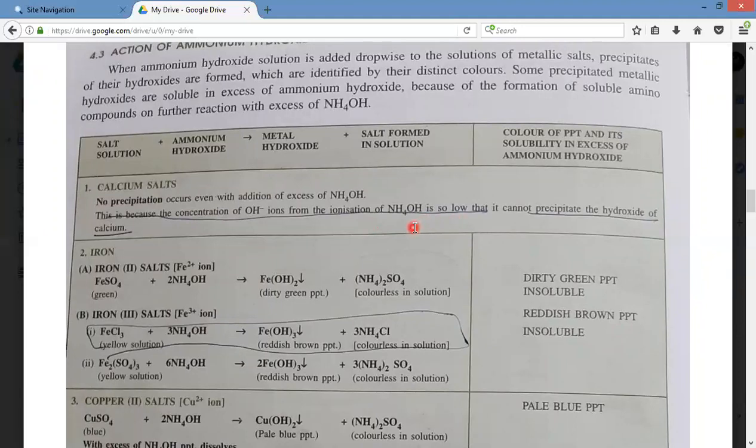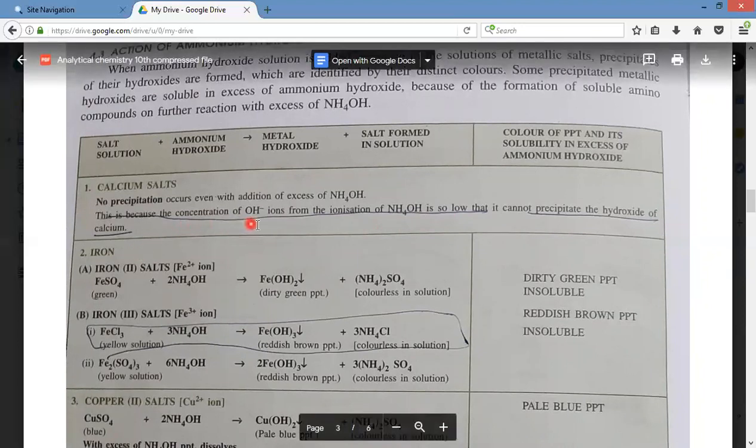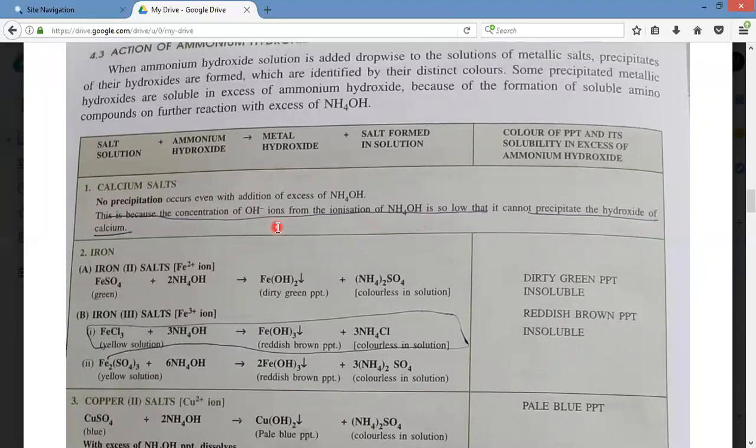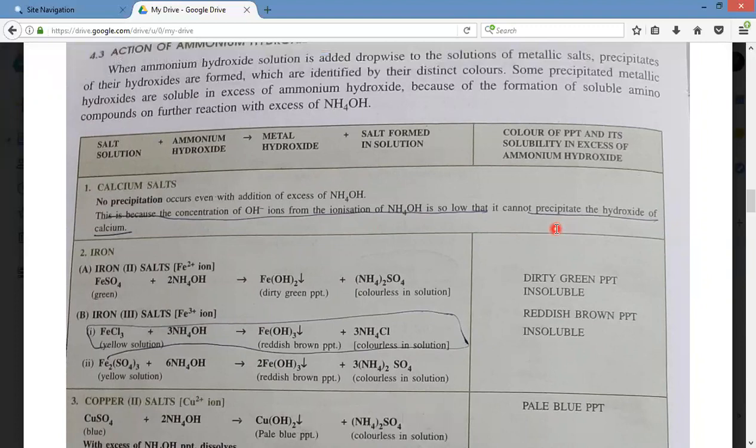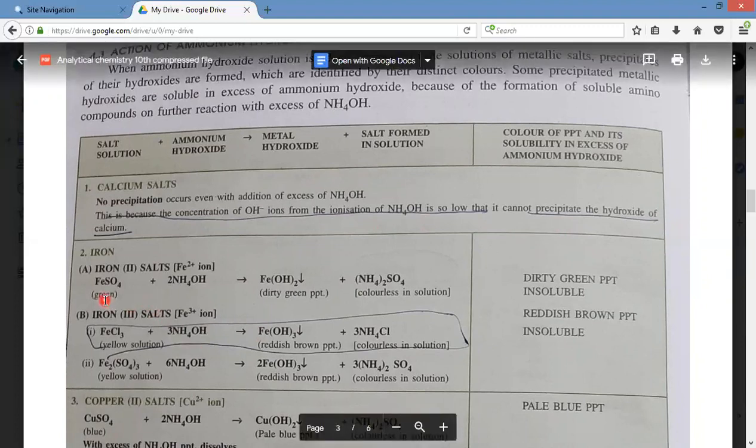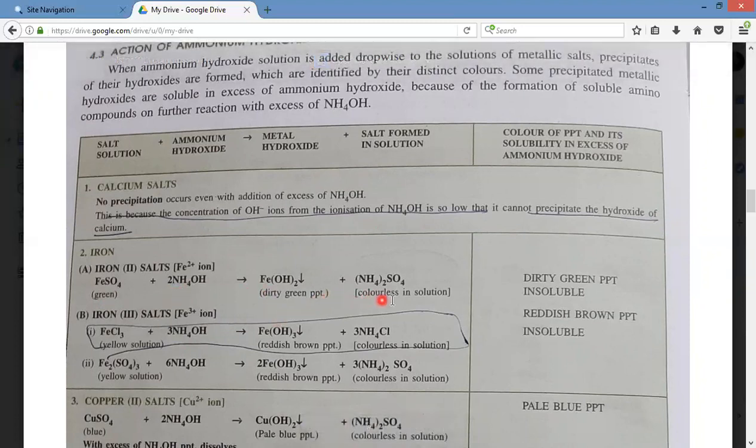As ammonium hydroxide is a weak alkali, it will not give a proper concentration of hydroxide ion, and by this the precipitation process will not occur here. Iron, ferrous sulfate, which is green in color, treated with ammonium hydroxide leads to the dirty green precipitate with ammonium sulfate, which is colorless in solution.